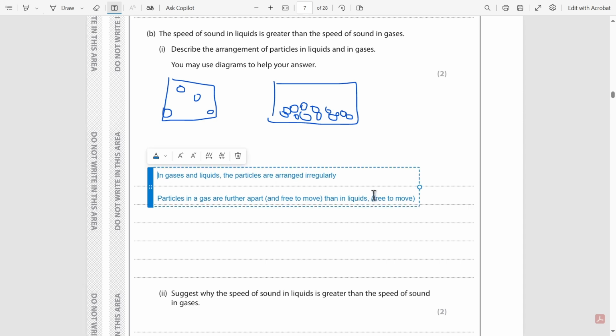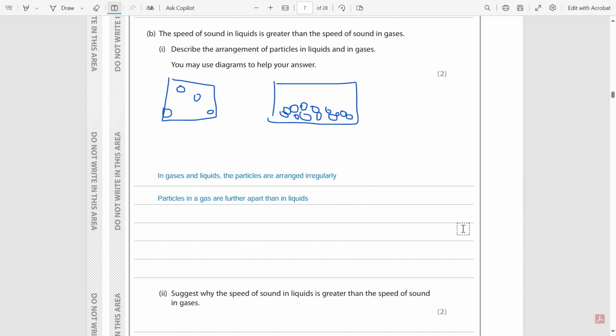Okay, that doesn't make sense, but you get the point. Particles in a gas are further apart than in liquid, and in gases and liquids, the particles are arranged irregularly. I think it's better to label these diagrams: gas, liquid.